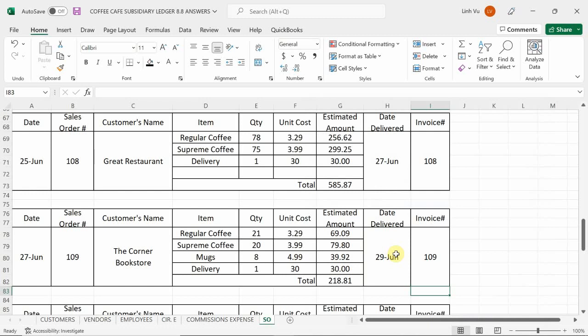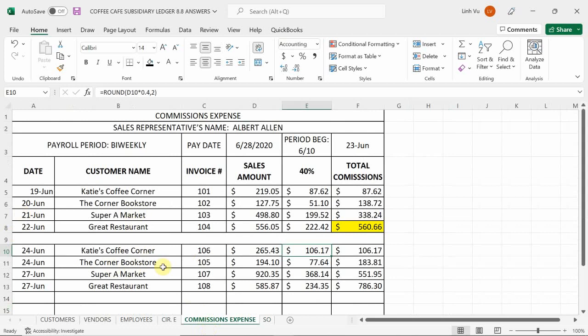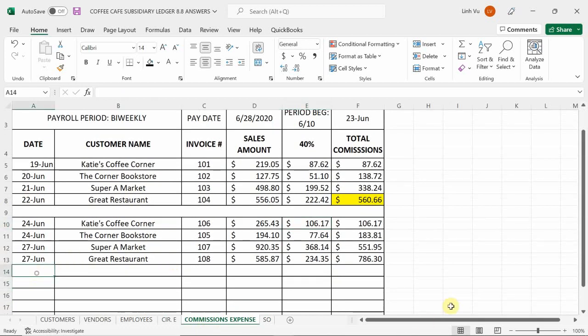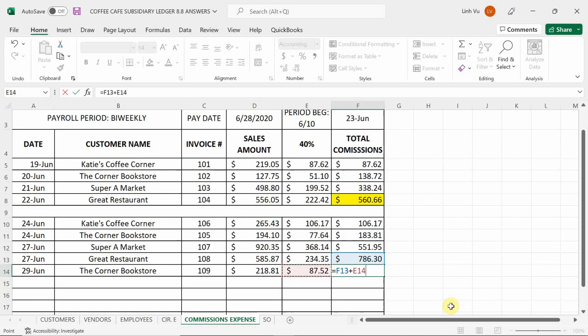So in this case, we can ensure that Mr. Albert has earned $218.81. Today is the 29th, sold to the corner bookstore, invoice number 109 for $218.81. 40% of that is going to be $87.52. Add these two values up together, and we currently owe Albert $873.82.